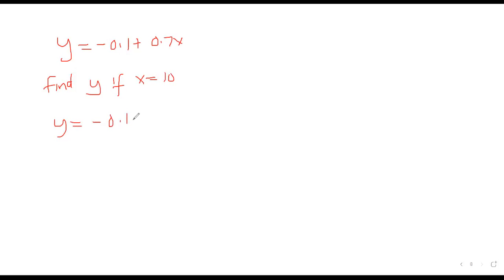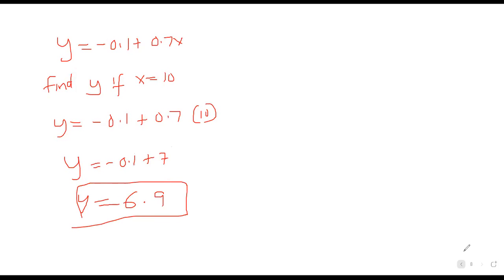Where there is x, we put a 10. That's the other role that regression does. It helps you find what the other variable is when you substitute. So our y will be 6.9.